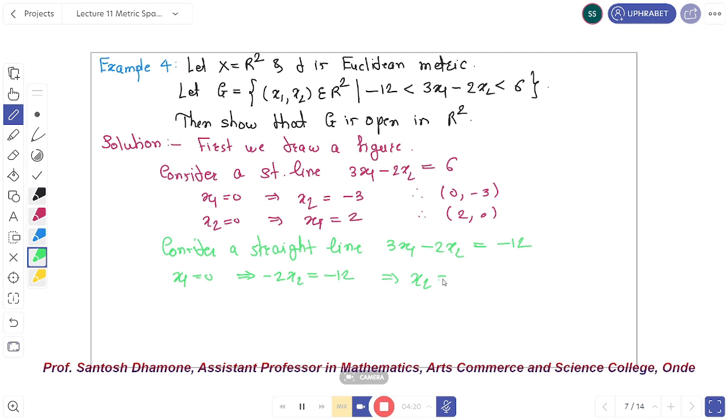Our area lies between these two lines. Then our working area is set G. This is our working area for this problem.